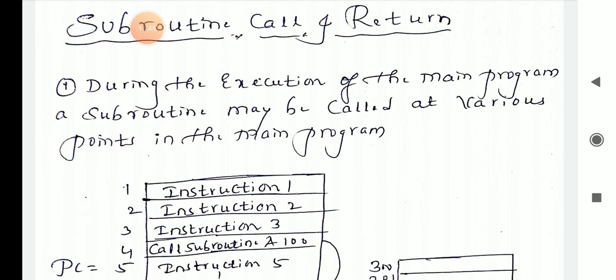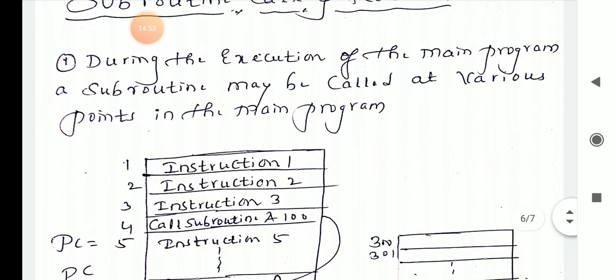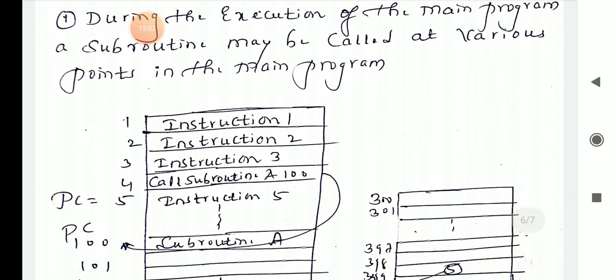So what is the meaning of this? During the execution of the main program you have one main program, instruction 1, 2, 3, 4, 5, whatever it may be. A subroutine may be called at various points in the main program. You can call anywhere whenever required. Like that, I will call it in my fourth position, call subroutine A of 100. So that is the meaning of the first point.